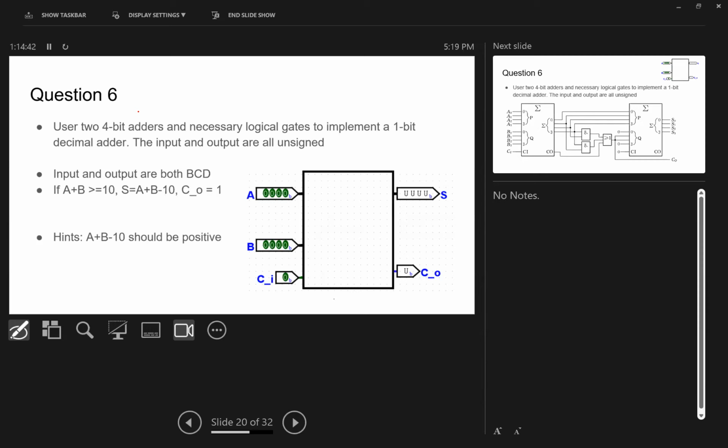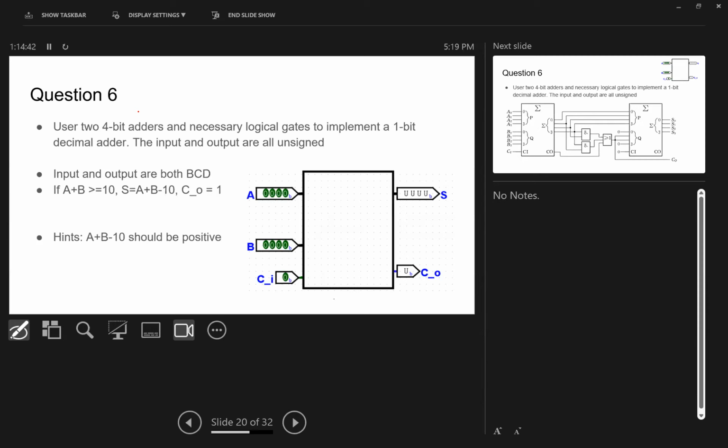And then we can say if S is equal to 0, this is the summation result of A plus B, right? So the result is equal to A plus B plus 0, right? And when S is equal to 1, the result should be A plus B minus 10, right?